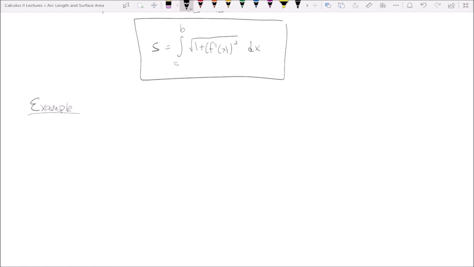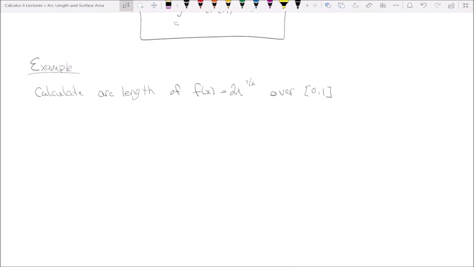So let's go ahead and calculate the arc length of f of x equals 2x to the 3 halves over 0 to 1. All right, well, first we need f prime.